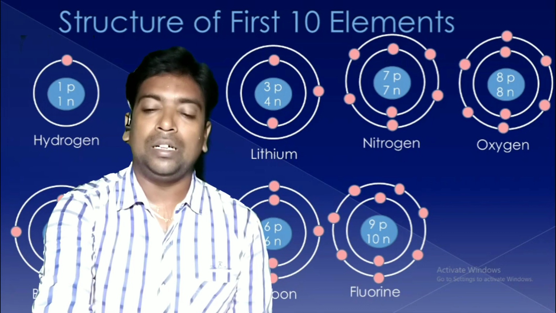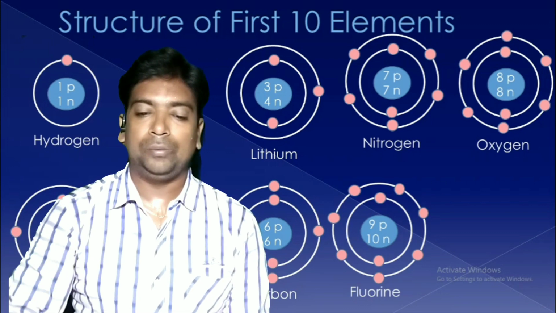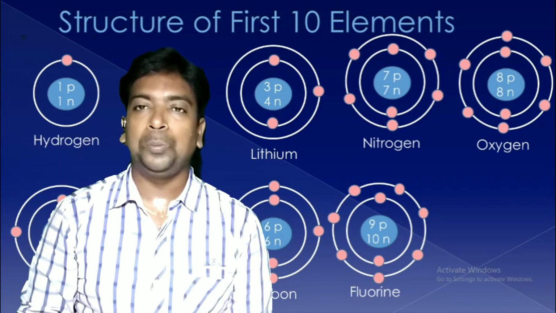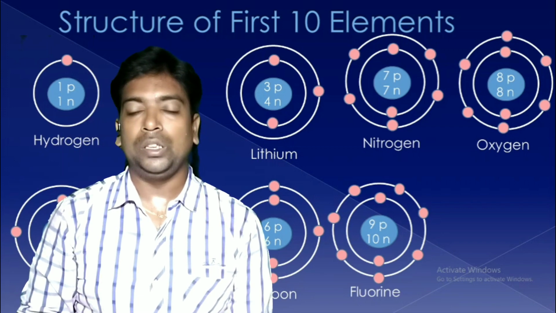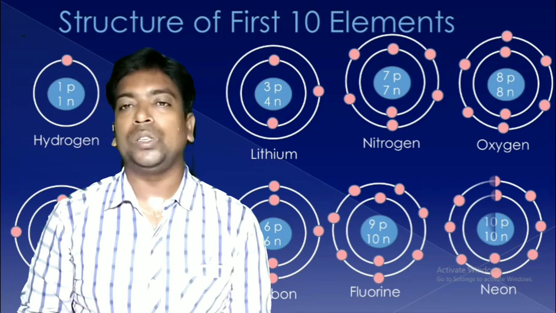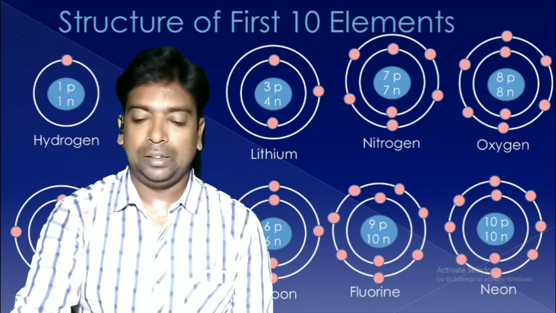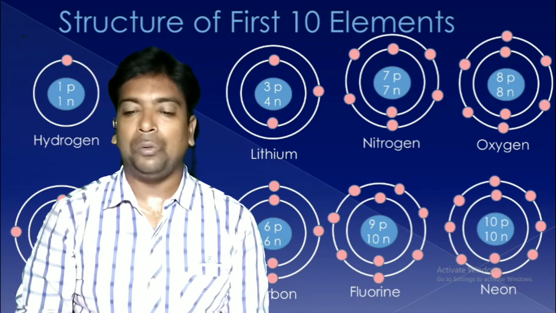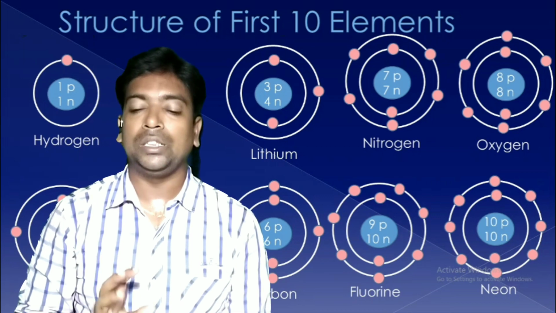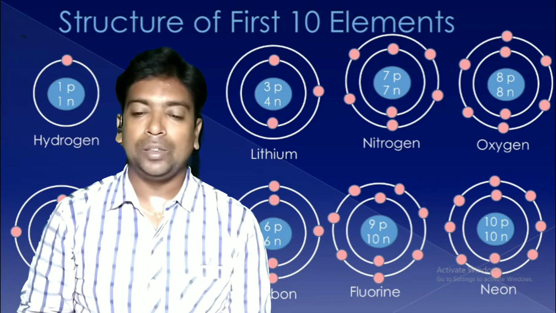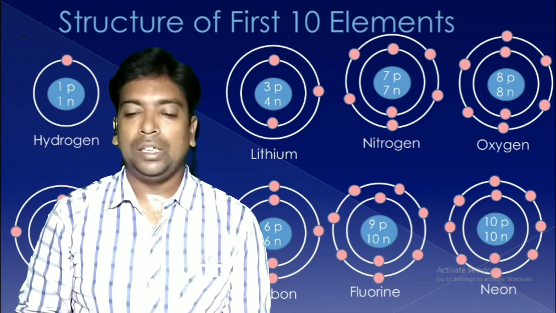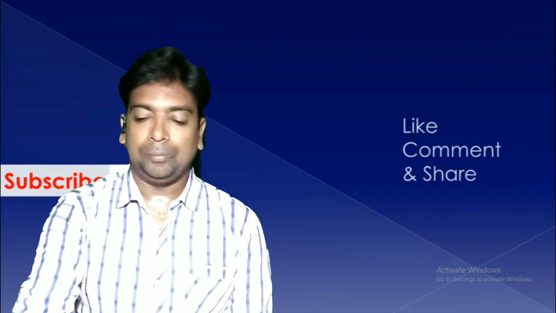After oxygen, the 9th element is fluorine: 9 protons and 10 neutrons in the nucleus, 2 electrons in the first shell and 7 electrons in the second shell. And finally, the last one we want to discuss is neon: 10 protons, 10 neutrons in the nucleus, 2 electrons in the first shell and 8 electrons in the second shell.